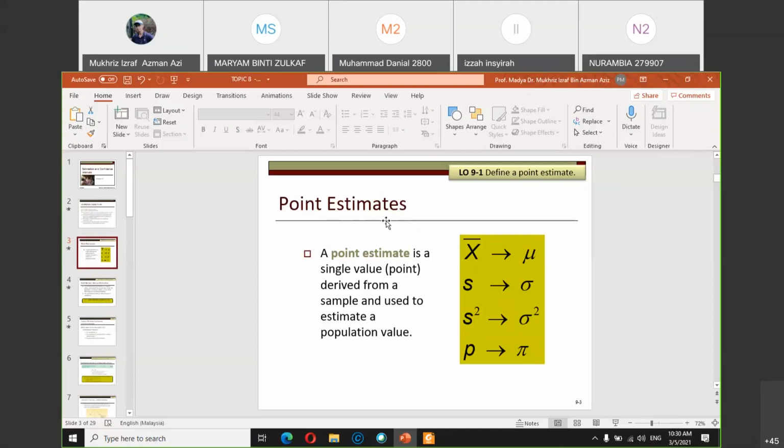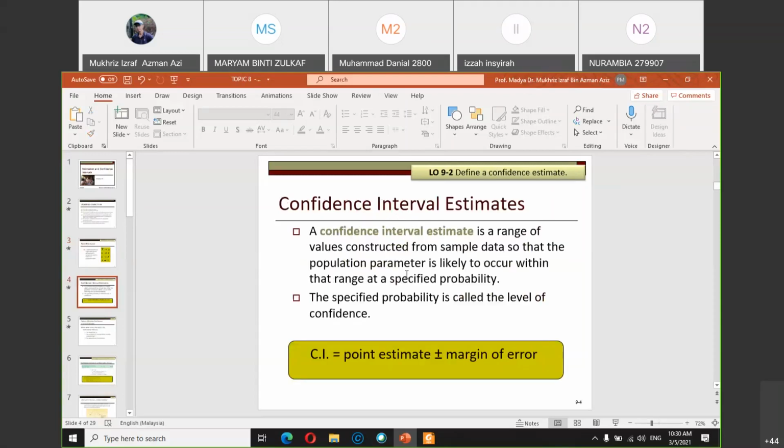That survey may only be answered by a few hundred students, or let's say 1,000 samples. That 1,000 is supposed to represent the opinion of the whole country, which has more than 30 million population. If you want that information from every single Malaysian plus the foreigners who live here, it is almost impossible, so we need to rely on the information from the sample.